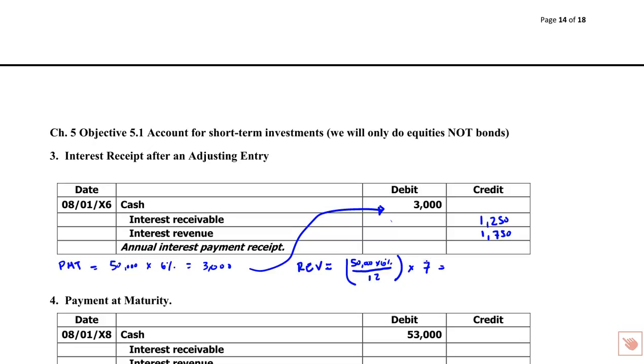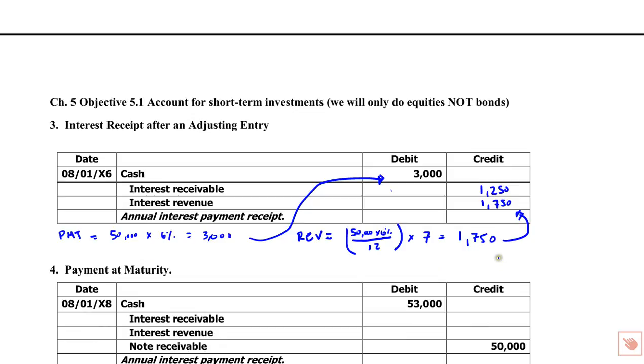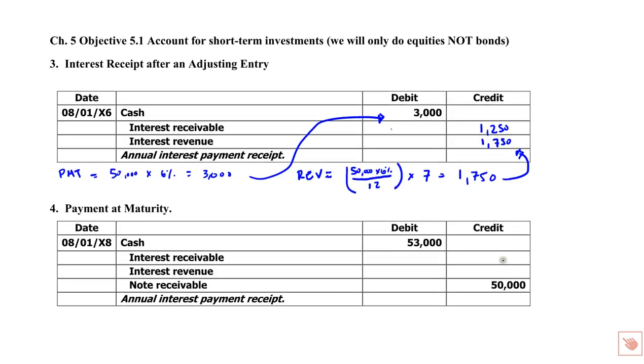So 3,000 divided by 12 times 7 equals 1,750. You could calculate it, or you could notice that to make debits equal credits, you're recognizing 1,750 of revenue: 1,250 in the prior year, 1,750 through 7 months of this year.